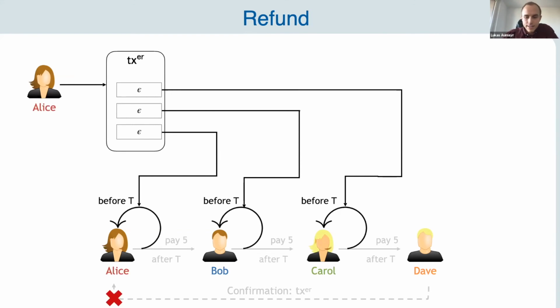In this case, Alice will post the transaction TXER in time before the timeout t expires, and everyone on the path sees this at the same time and can react and refund themselves. Right, so note that this payment scheme takes only one round of communication.